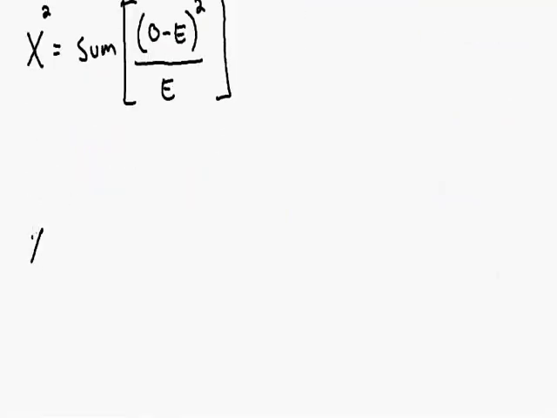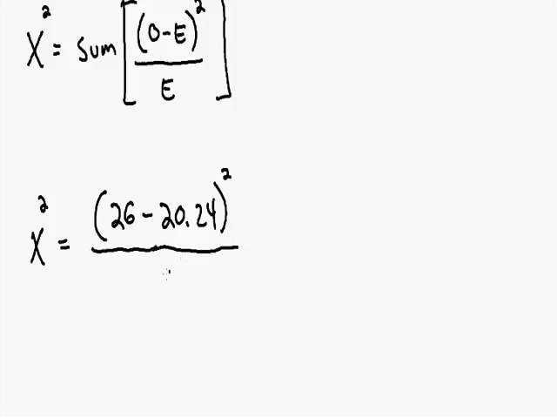Our chi-squared value is equal to the observed value, 26, minus the expected value, 20.24. We've got to square this, and this is all divided by the expected value, which is also 20.24.